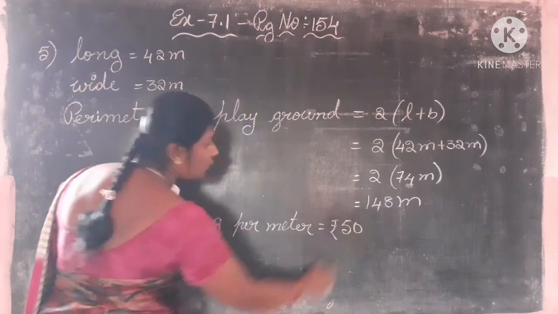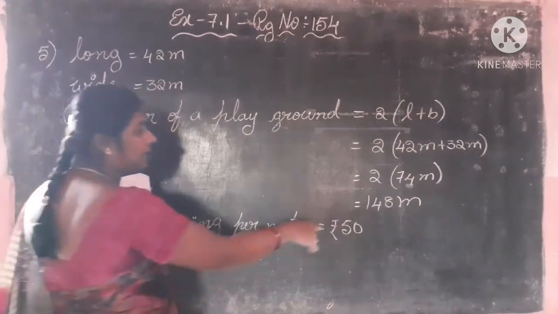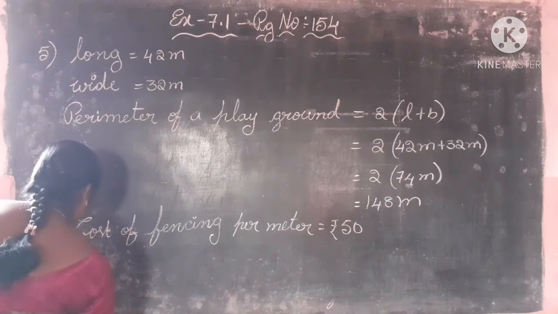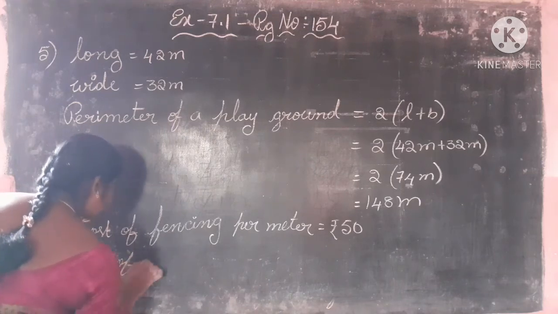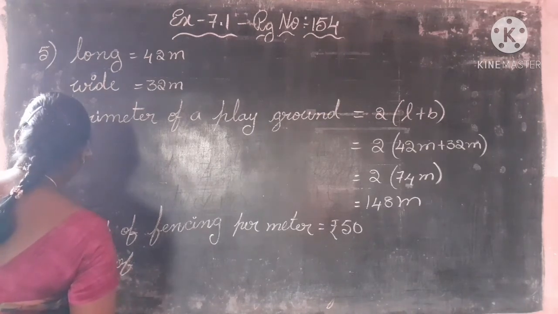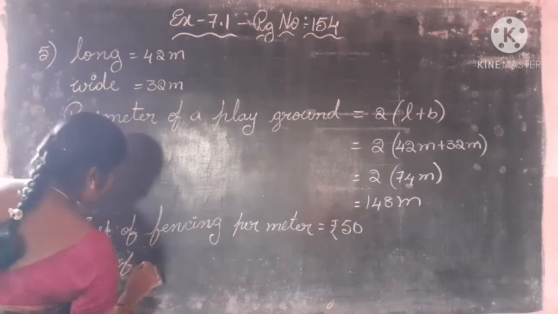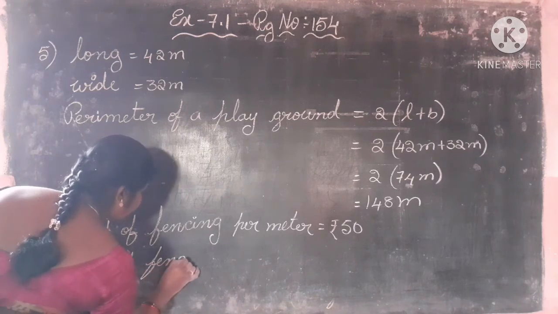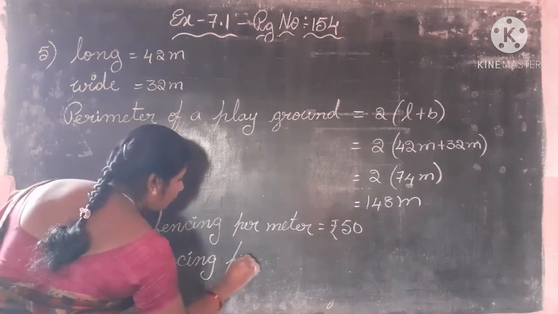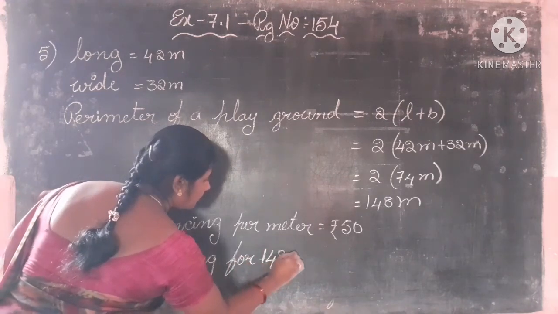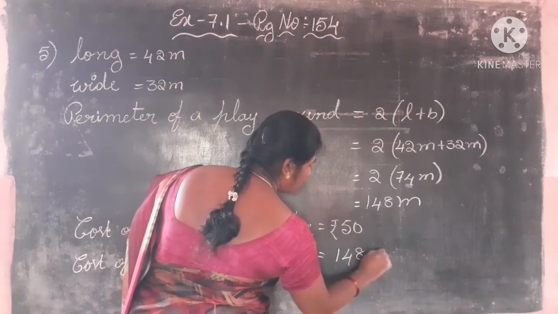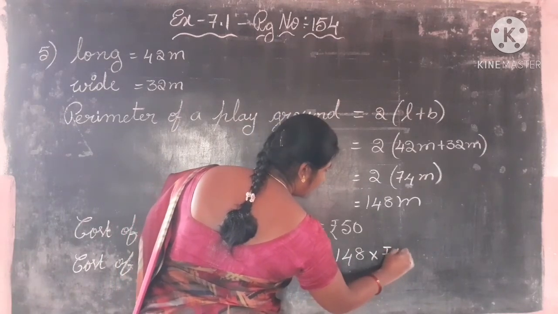So what is the total length of the fencing? 148 meters. So the cost of fencing for 148 meters is 148 into rupees 50.